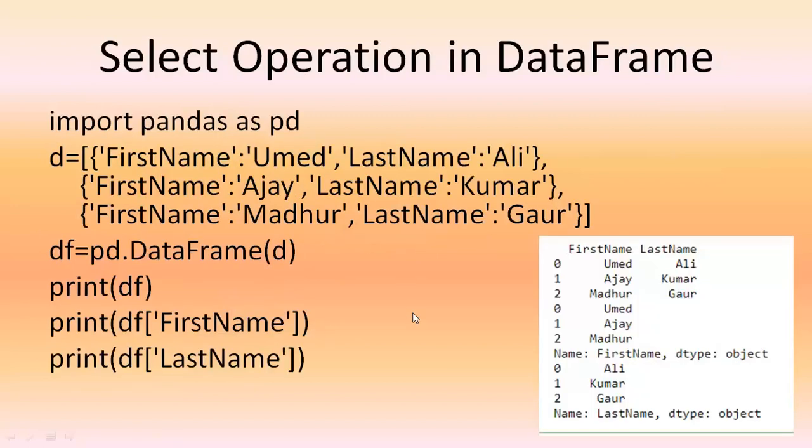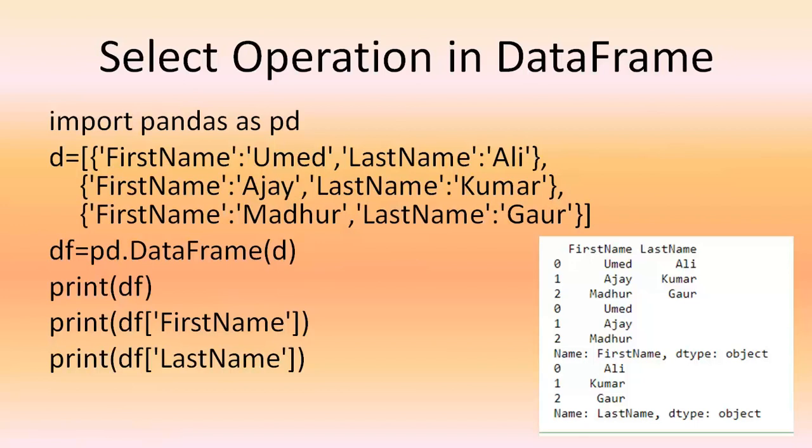Next, select operation in a data frame. Select operation means you want to display a particular column's values on the screen. So first of all create a list of dictionaries, then create a data frame.